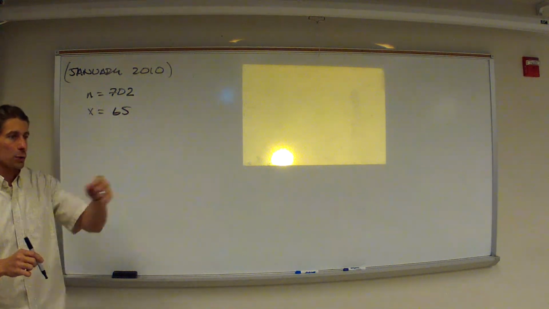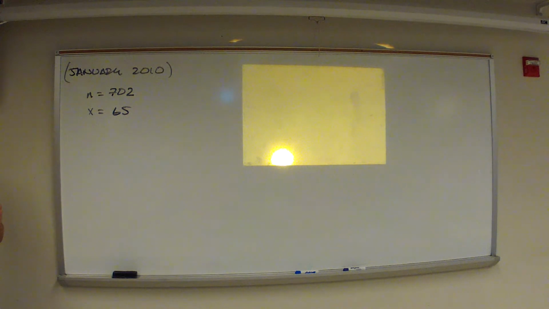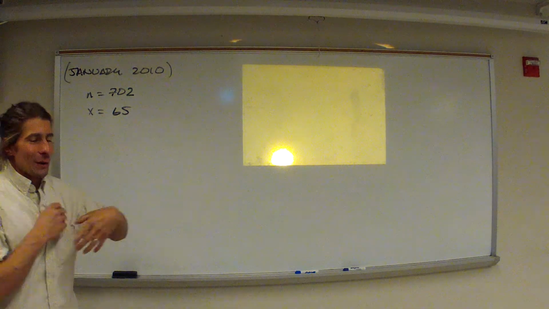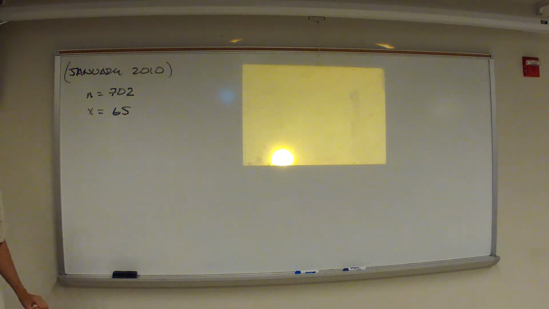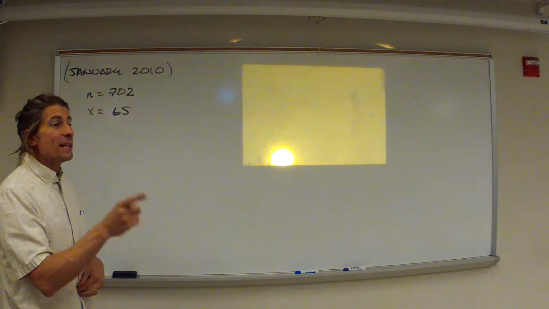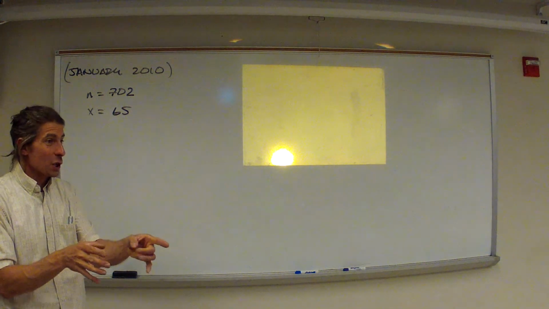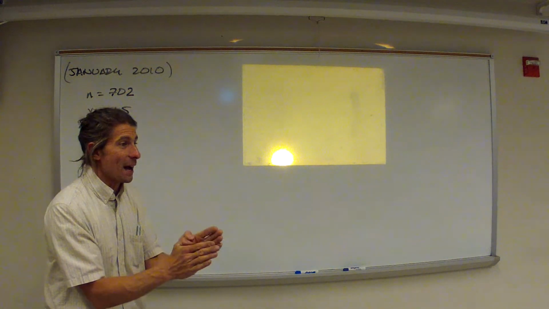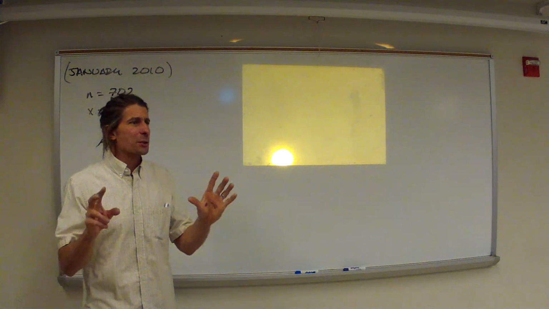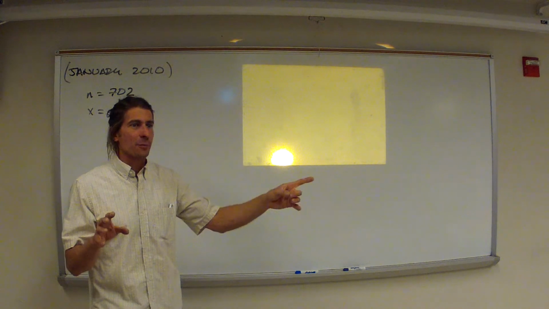65 foreclosed homes. Susie asked, do you need a sample of at least 1,000? Can we come back to that? Susie asked a fantastic question. Don't you need a sample of like 1,000 and some? You don't. You need a sample of 1,000 and some for certain constraints, which are not specified with this. All I want is 95% confidence. Does anybody remember that magical number 1,068 from yesterday's class?